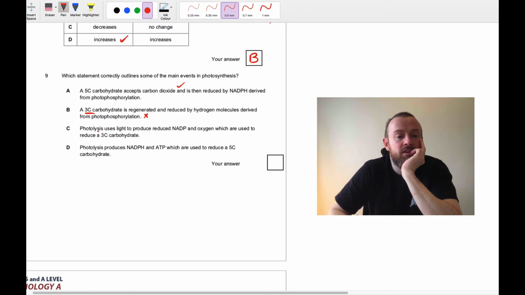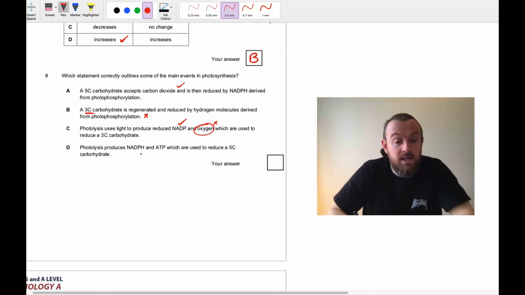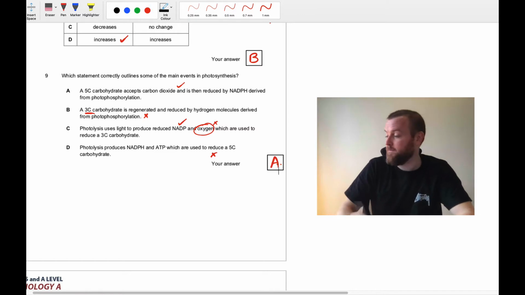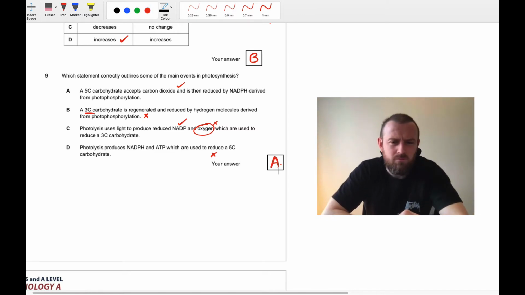If that was 5C, it would be okay. C: photolysis uses light to produce reduced NAD and oxygen. No, oxygen is not used, so that bit's wrong. D: photolysis produces NADPH and ATP, which are used to reduce a 5C carbohydrate. No, that's wrong. So the best one is 9A. Tricky one, that one.